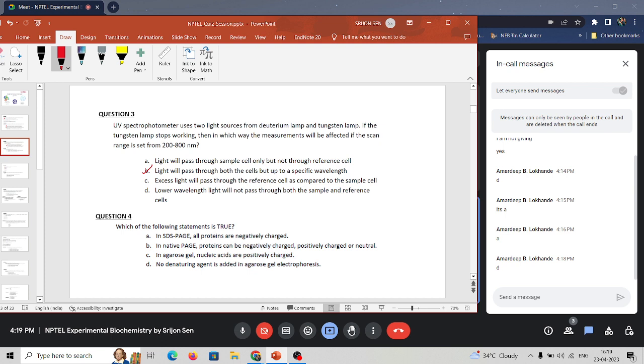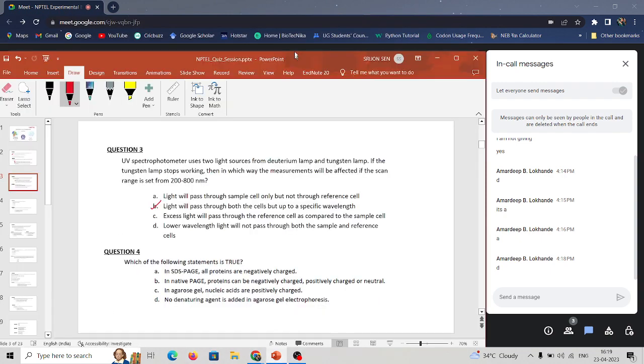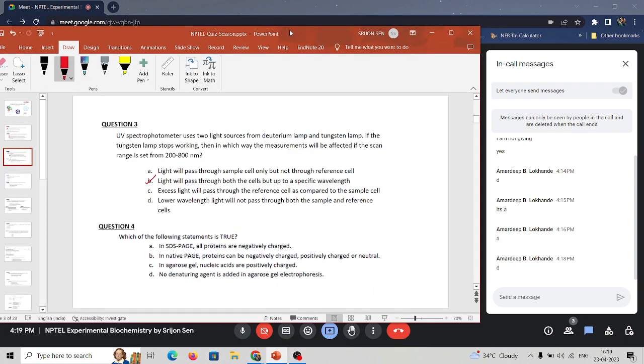So one is between 200 to 400 and one is between 400 to 800. If one particular lamp has stopped working, then in that particular range of wavelength you cannot measure it, but you can measure for the other lamp as long as it is working. So light will pass through both the cells but only up to that wavelength for which the deuterium lamp is working. So 3B is correct.